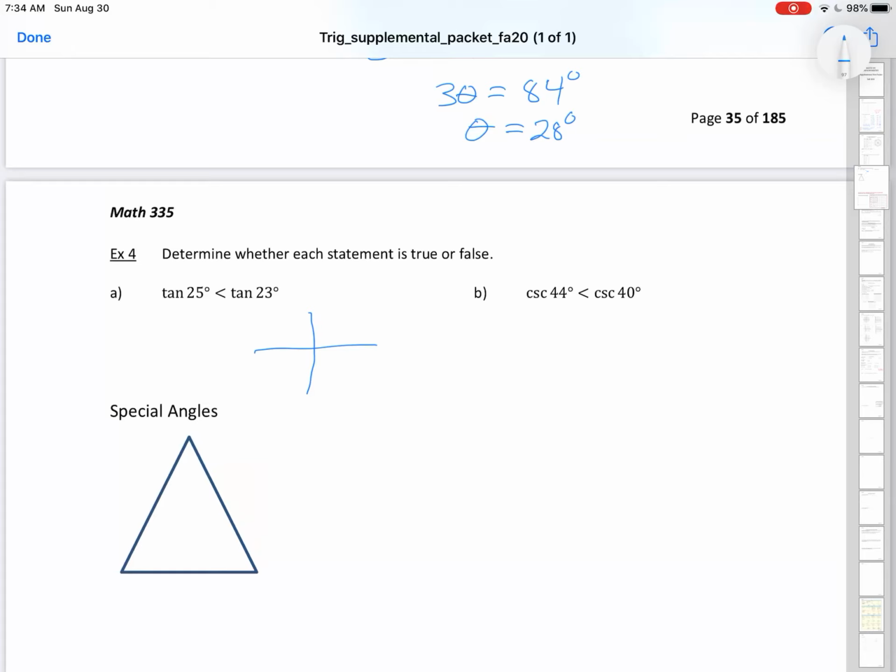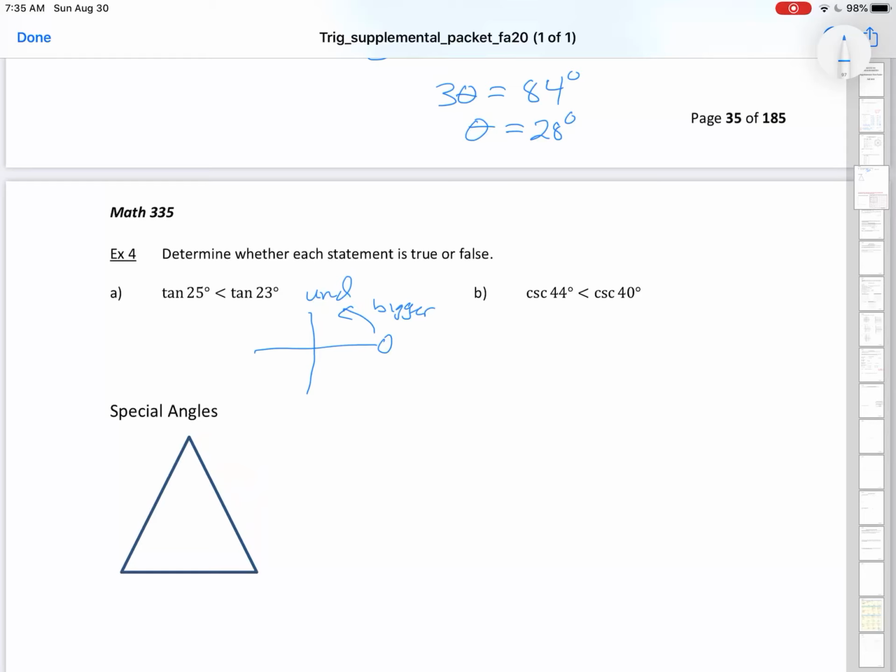Sine corresponds to y, so that's 0 over a number, but let's say 1. And so that's going to be 0. And then when you come up here, it's undefined, right? Because up on the y-axis, the y value is 1, but the x value is 0, and we're going to get undefined. And so what's happening here is tangent is getting bigger as we go this way. So let's look at the relationship.